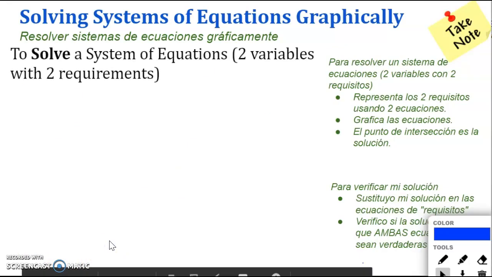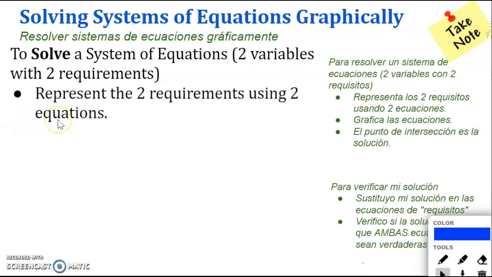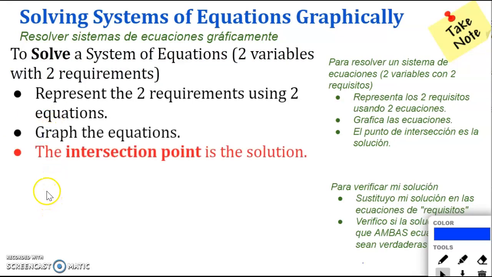Okay, I would like you to take notes on this. Solving systems of equations graphically. To solve systems of equations, two variables with two requirements, you need to represent the two requirements, that means the conditions, using two equations, then graph the equations, and the intersection point is the solution.